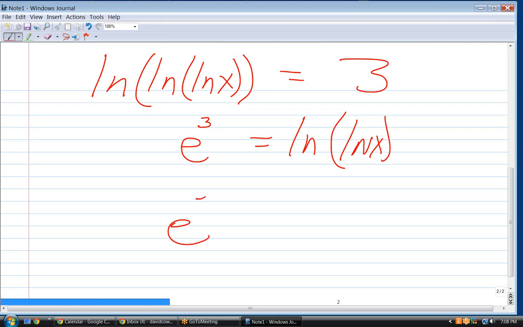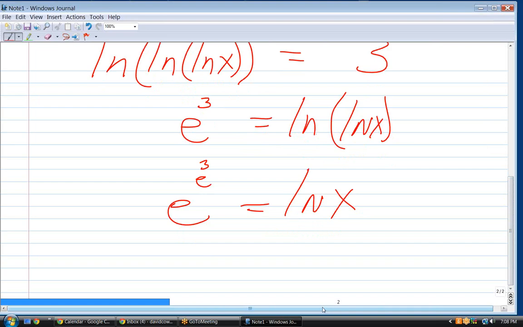E raised to the e to the third power must equal natural log of x. Again, e to the e to the third power equals x. E to the e to the e to the third power equals x.